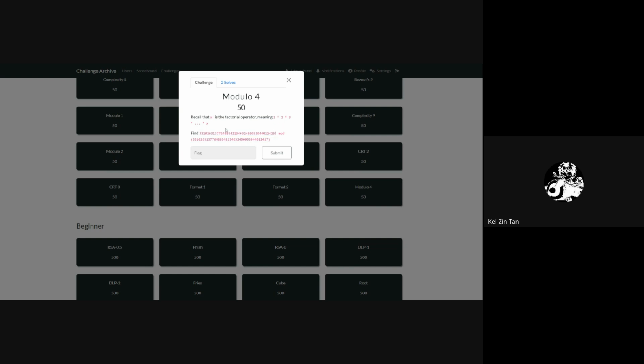The factorial operation basically means that you just multiply things from 1 to n. So x factorial is just 1 multiplied by 2 multiplied by 3 and so on up to x. So what is the solution of this? If you try to compute this directly, you probably will not be able to finish in time because it is just too much to compute. So you have to work out some math here.